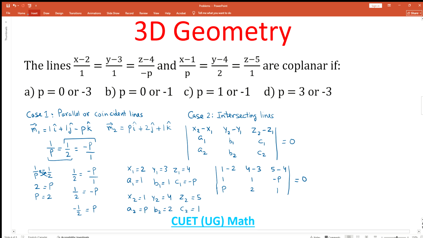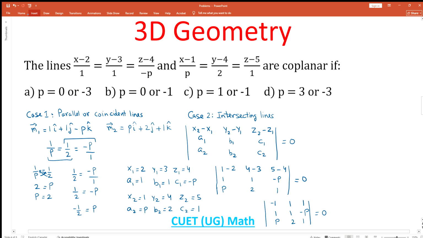We have to solve this determinant to find the value of p. We can subtract the numbers in the first row. I get negative 1, 1, 1; 1, 1, negative p; p, 2, 1, equals 0.